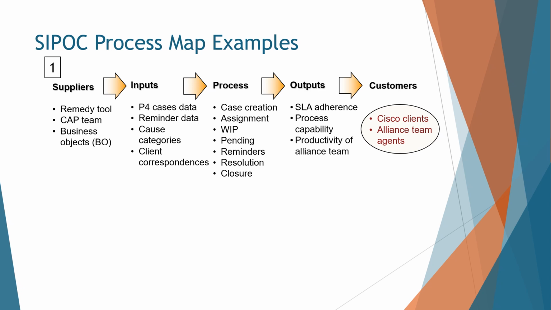Closure. And then what outputs does the process produce? Service level agreement adherence, process capability, and productivity of Alliance team. Now, who are the customers? Who are the recipients of the outputs? Cisco clients and Alliance team agents.